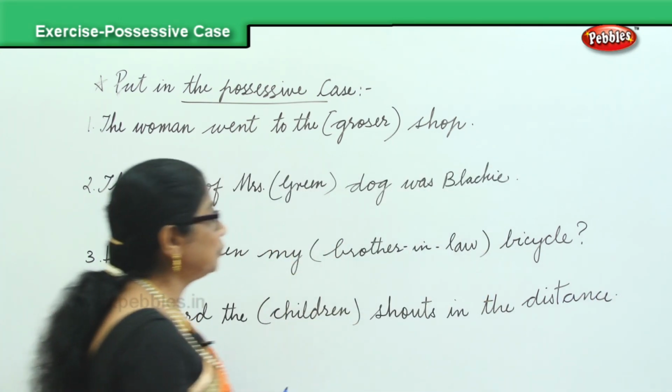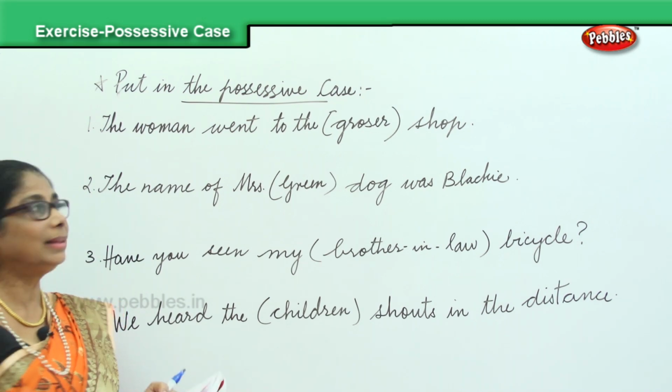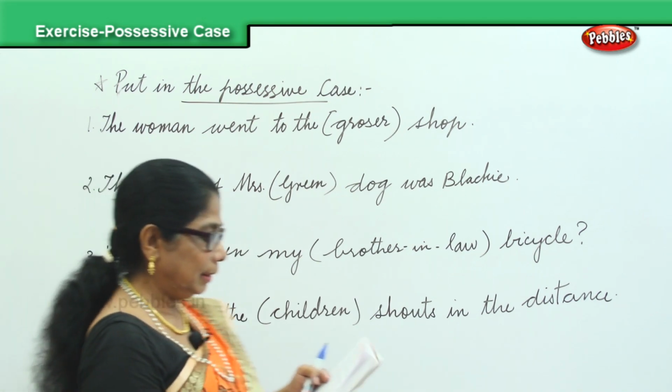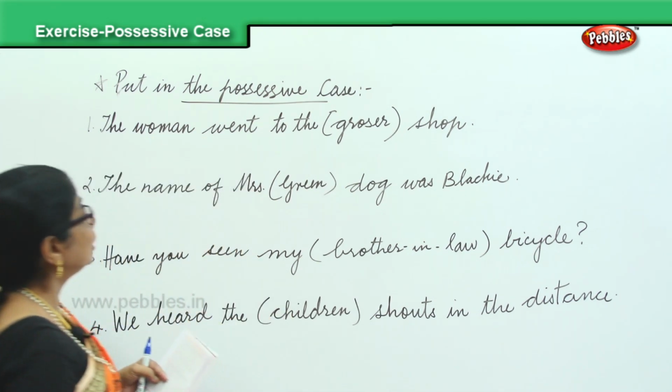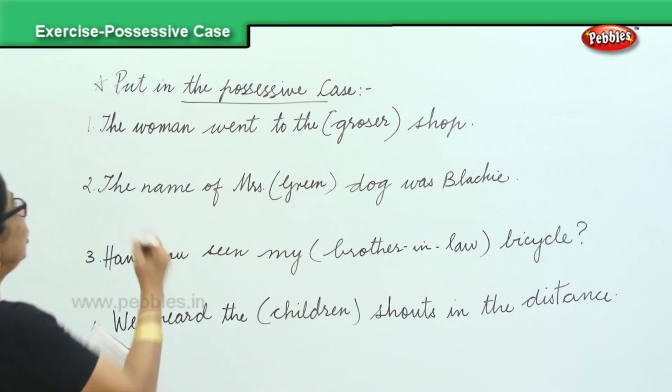Now I have 4 sentences for you, and we need to rewrite them to make the possessive form. Okay? The first one we have here is, the woman went to the grocer shop. So what will you write?